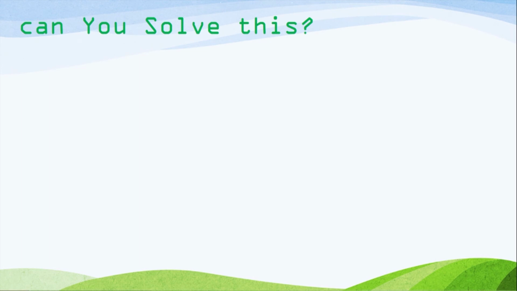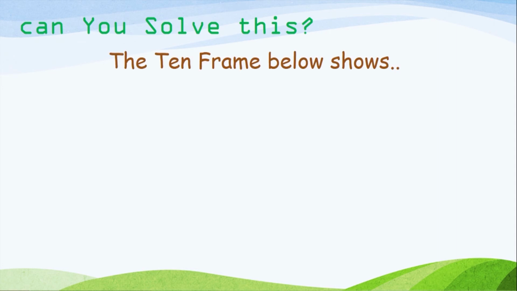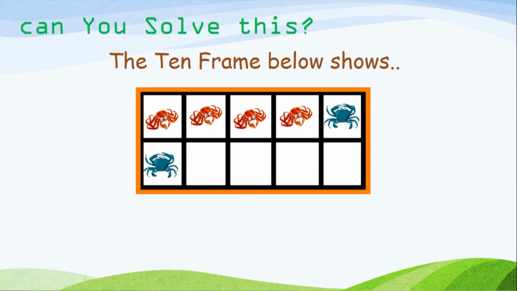Now, I have a challenge for you. Can you solve this? Here's a 10 frame. And there are some crabs in the 10 frame. I want you to tell me which addition sentence shows the crabs in the 10 frame.